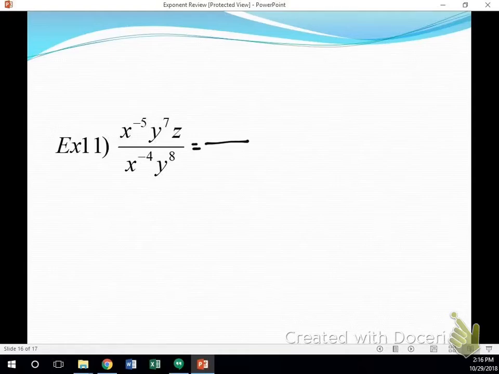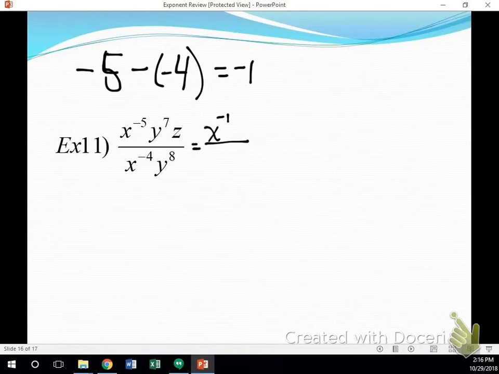Well, be careful with that. I'm taking negative 5 minus negative 4. Negative 1. If we subtract a negative, we're really adding. For now, I'm going to put everything in the numerator. All right, we've got y to the 7th over y to the 8th.